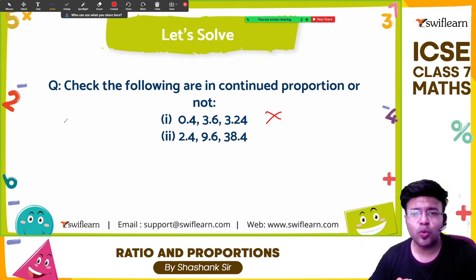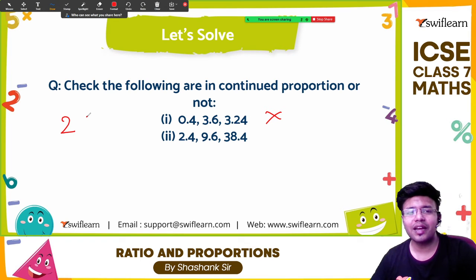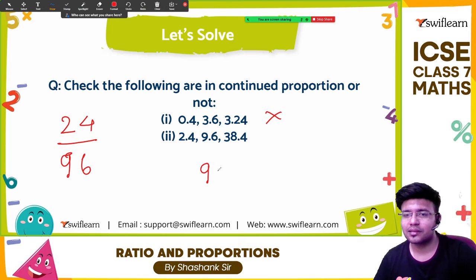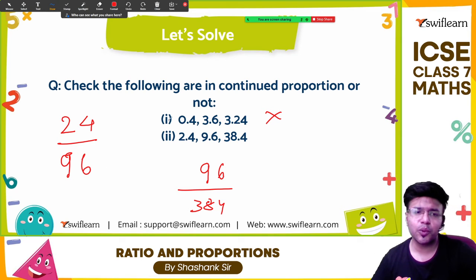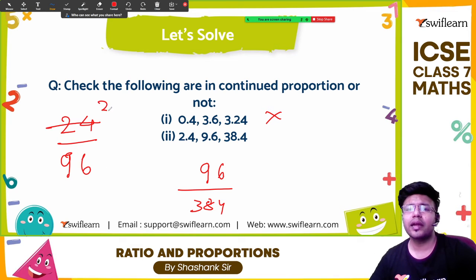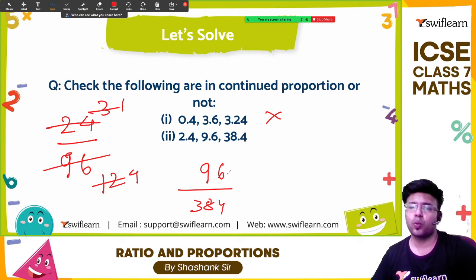Next, 2.4 by 9.6. Multiplying by 10, we get 24 by 96, and this is 96 by 384. If they are in the same ratios, these are in proportion. 8 3s are 24, 8 1s are 8, 8 2s are 16, 3 1s are 3, 3 4s are 12.